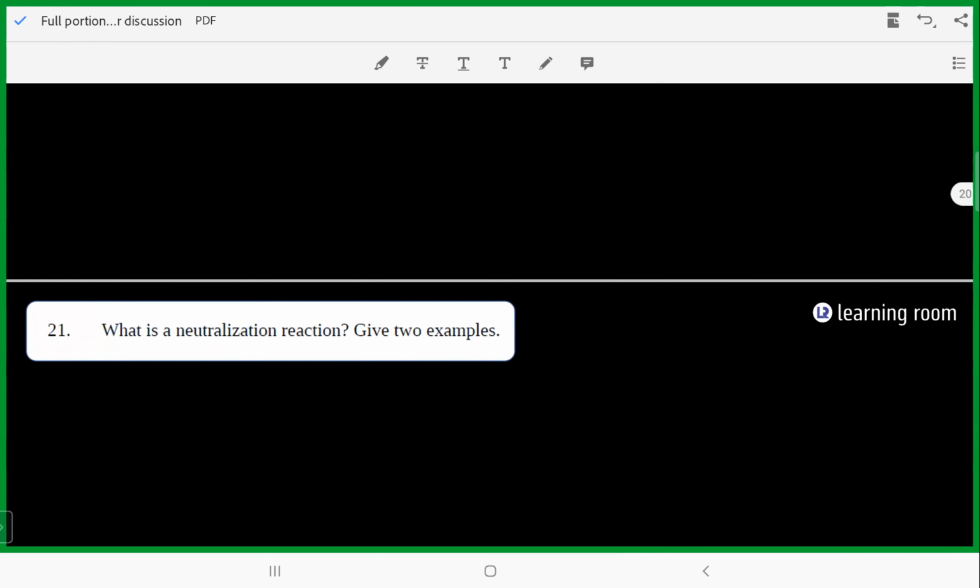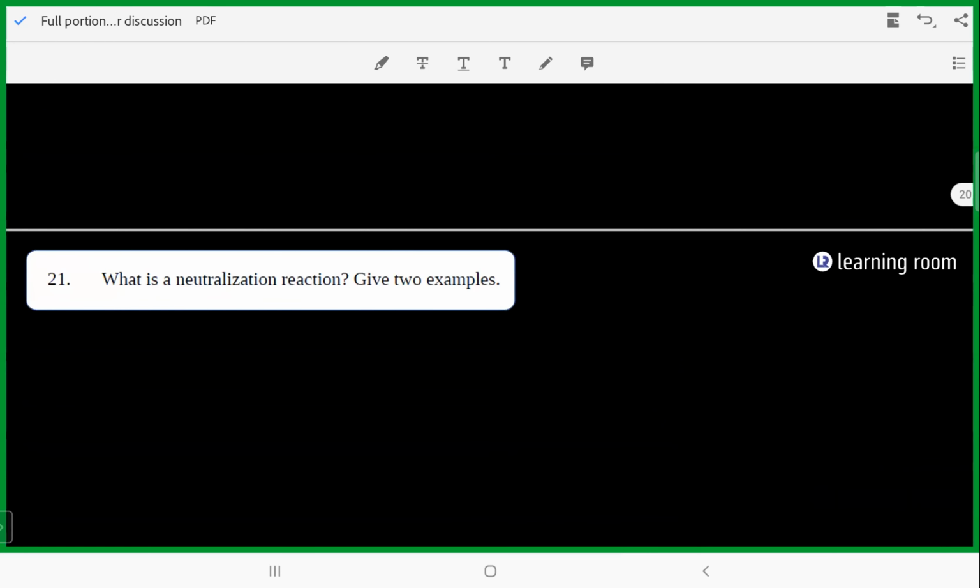What is a neutralization reaction? Give two examples. So when you take an acid and add a base, if it gives salt and water, then it becomes a neutralization reaction.